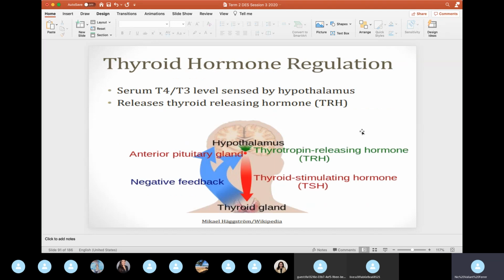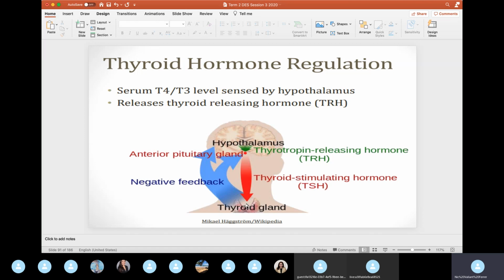Okay. How do we regulate your thyroid hormone? So your T3, T4, they are sensed by your hypothalamus. So the hypothalamus secretes what? TRH, thyrotropin releasing hormone, which stimulates your anterior pituitary to produce what?